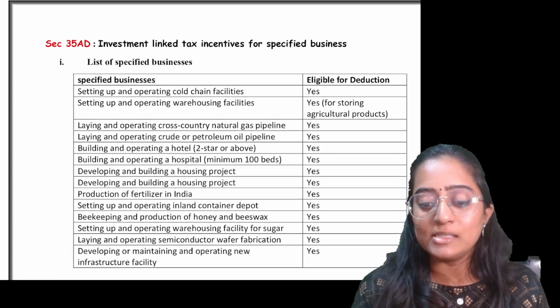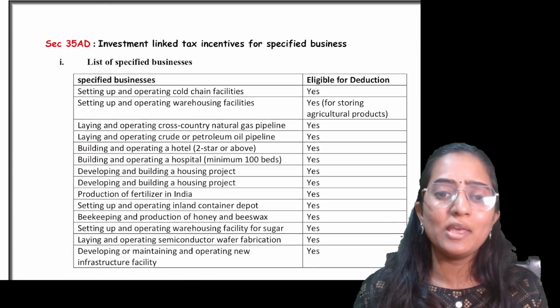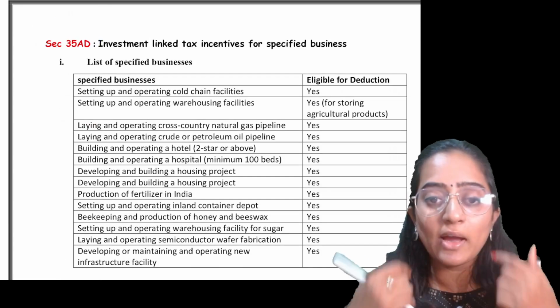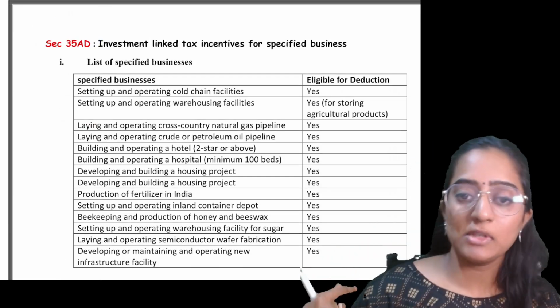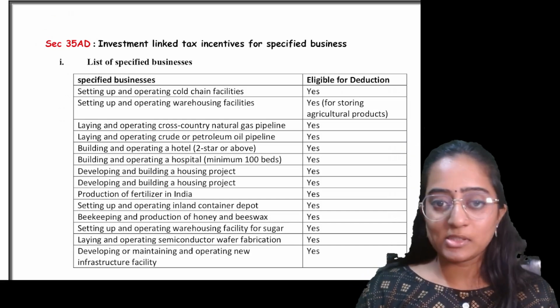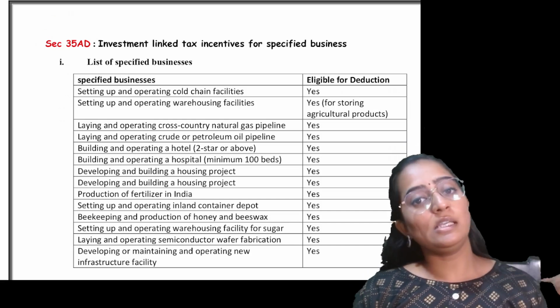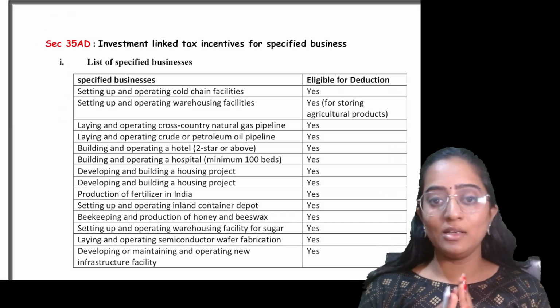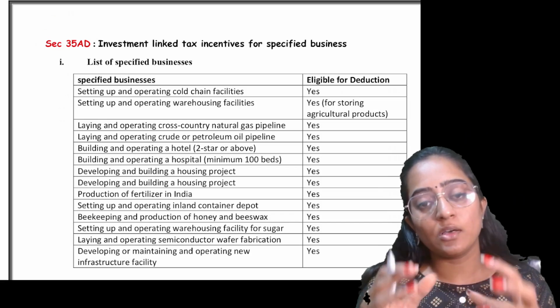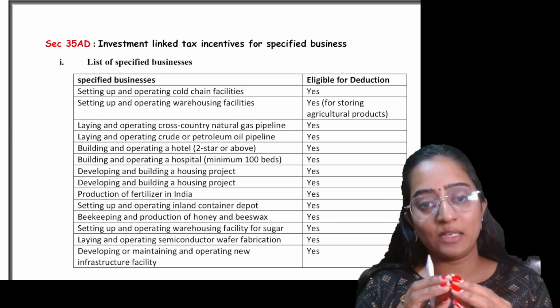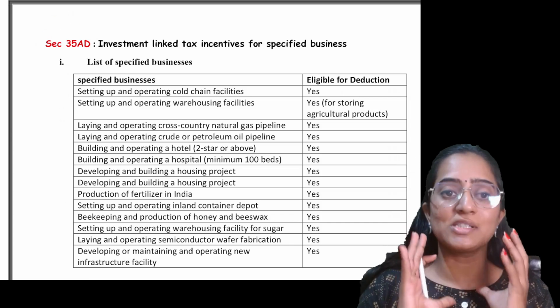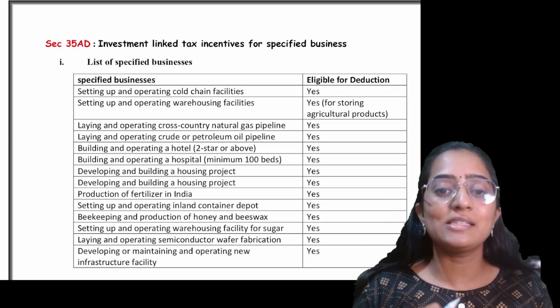Now, next. Section 35 AD speaks about you making an investment in this specified business. You are making investments in your specified business, and wherever you are investing in the specified business, you are going to get some tax benefits. That is, you are going to pay less tax over here.